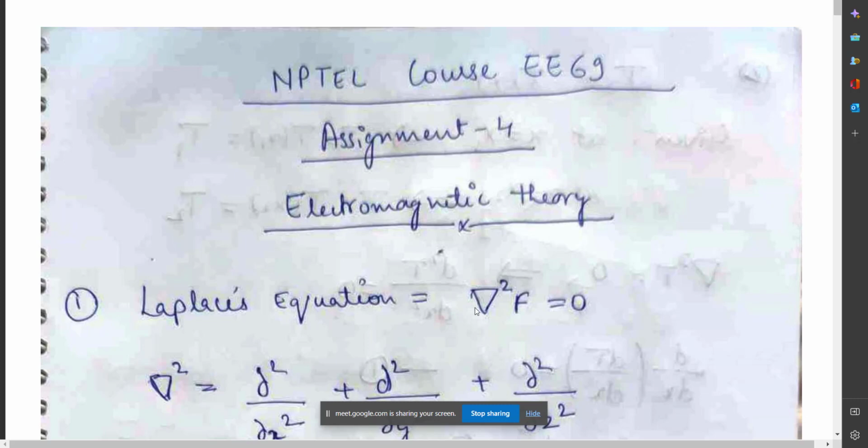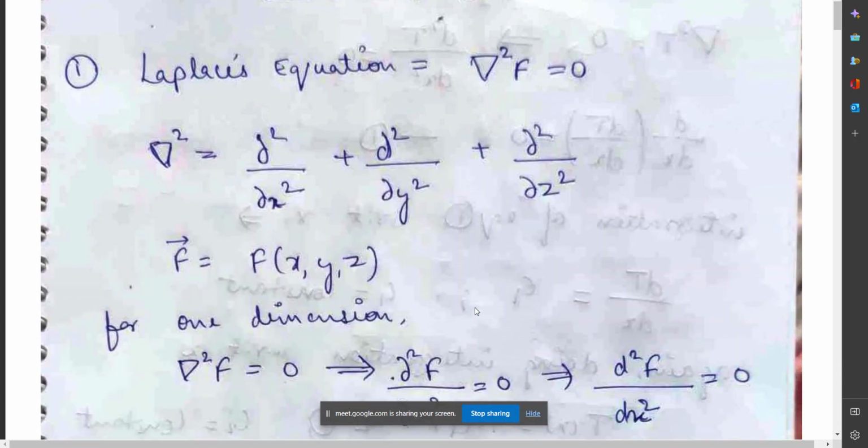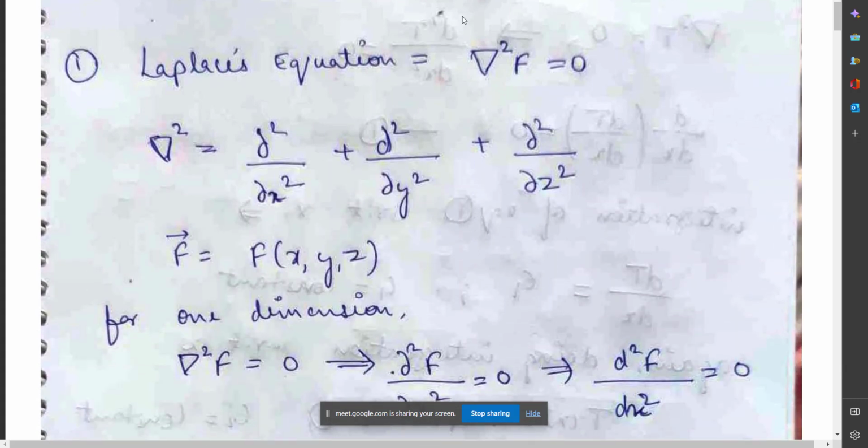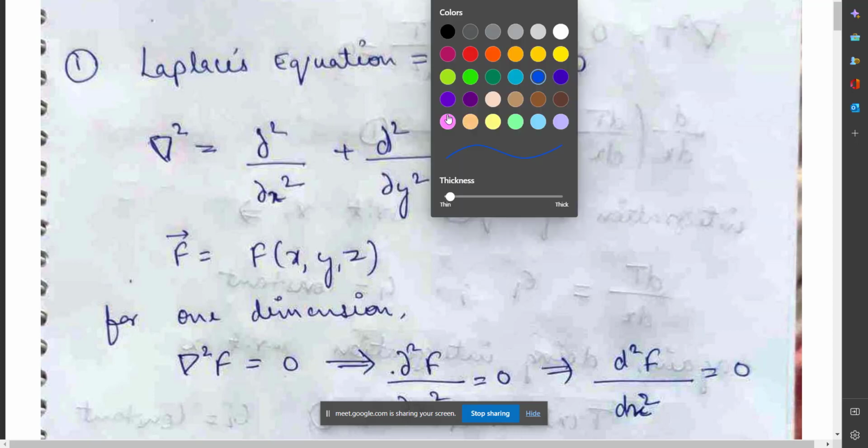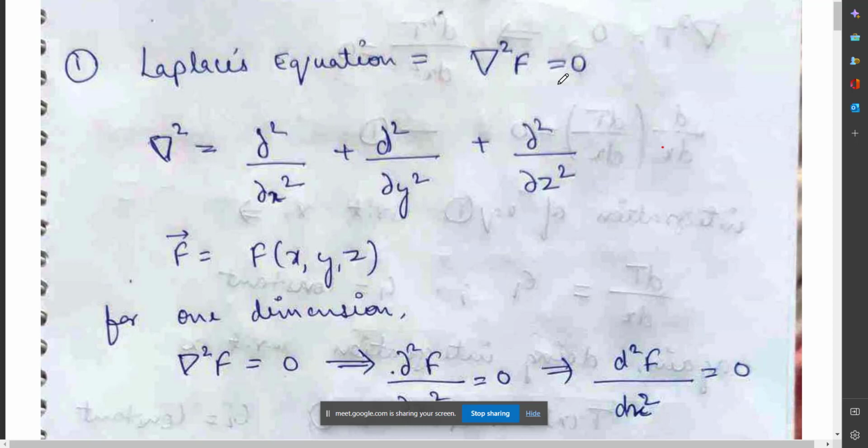So let's say the Laplace equation is del square f is equal to 0. This is the Laplace equation. I hope all of you know that.